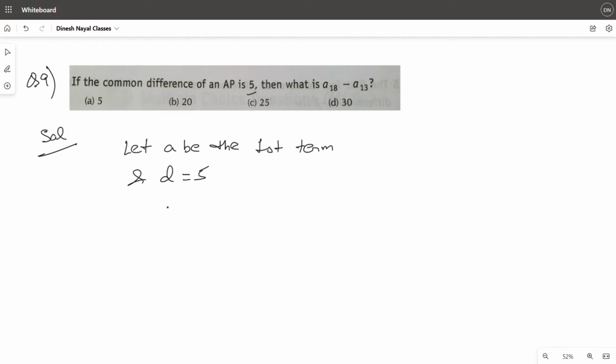We have to find A18 minus A13, which represents the 18th term and the 13th term. We know the formula of the nth term.